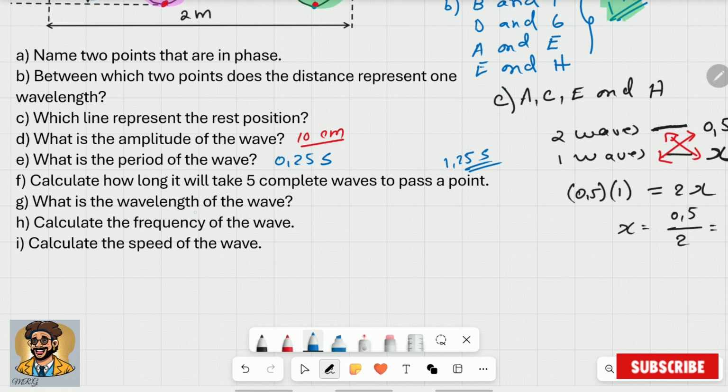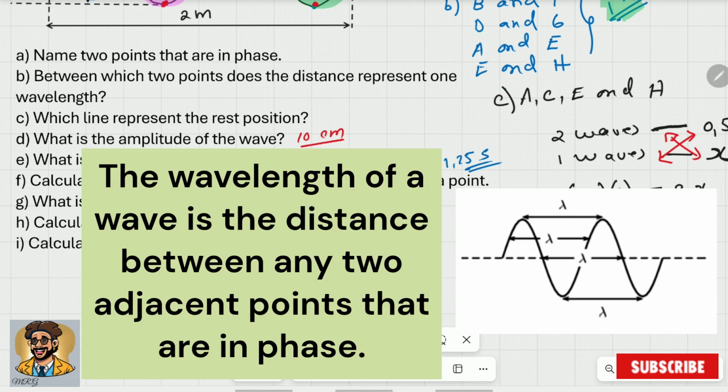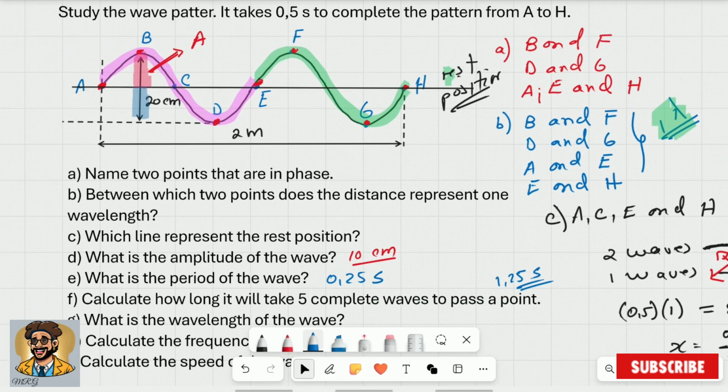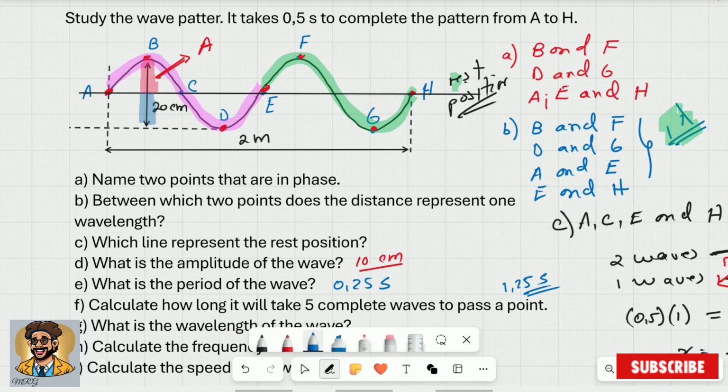What is the wavelength of the wave? Now let's go back again. What is wavelength? It's the length of the wave. Of how many waves? One wave. We go back to the picture. What is the wavelength? It's 1, because this distance here is for 2 waves.